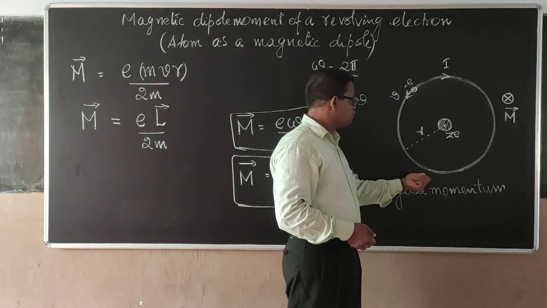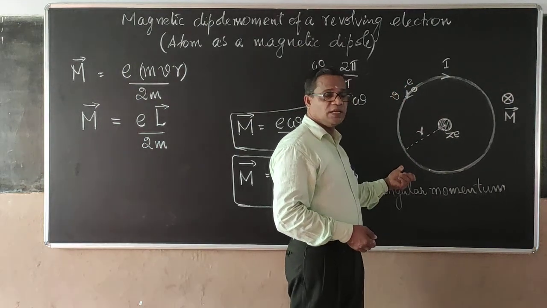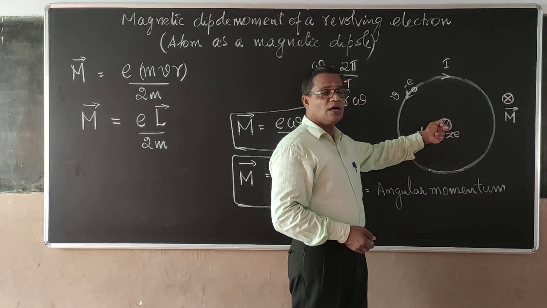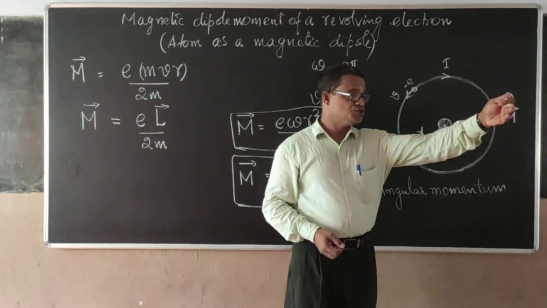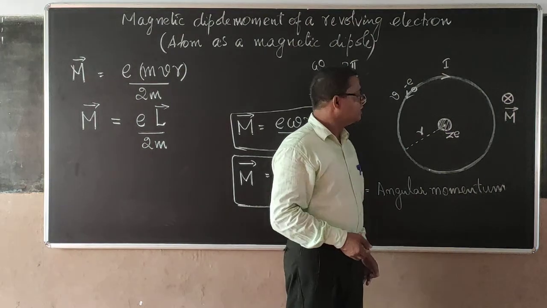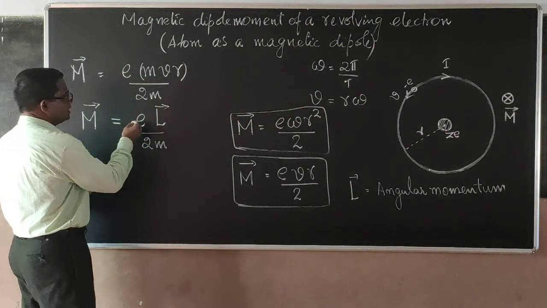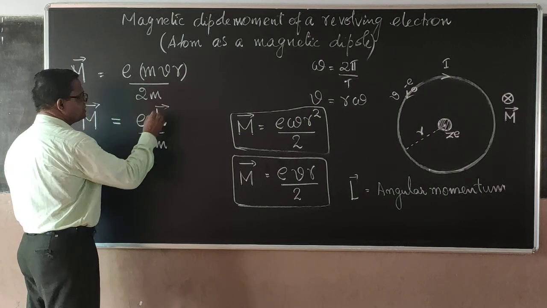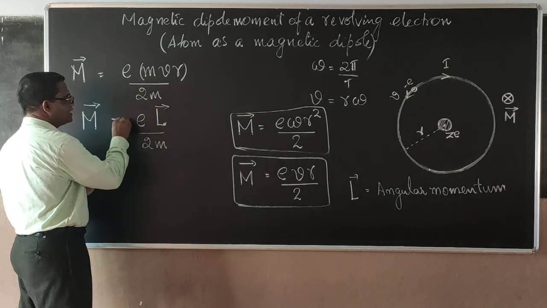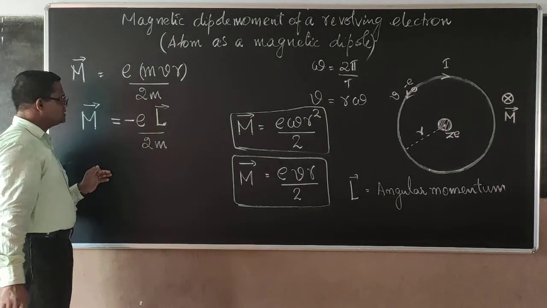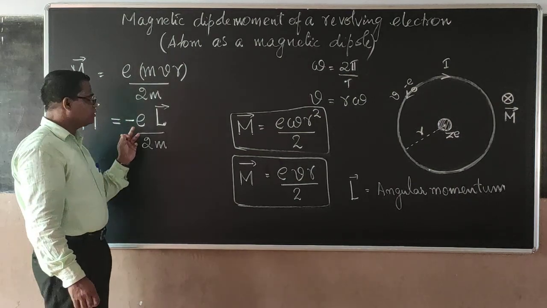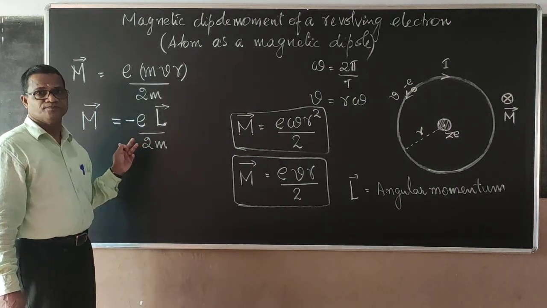Omega is also along this way, velocity also along this way. Therefore, the angular momentum will be directed towards you as per the rule. So, for the electron revolving in this case, the angular momentum vector and M vector will be in the opposite direction, and therefore you can put a negative sign over here.